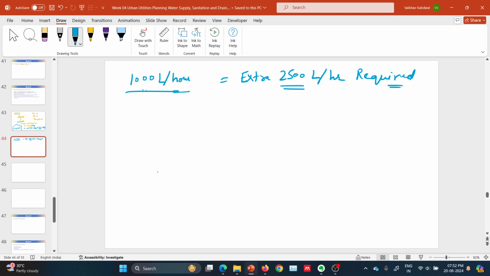That means here we have a reservoir, and it should have 2500 liter per hour of maximum water storage capacity. Then only we can serve the demand of the society. Understood this much? And this was case one.